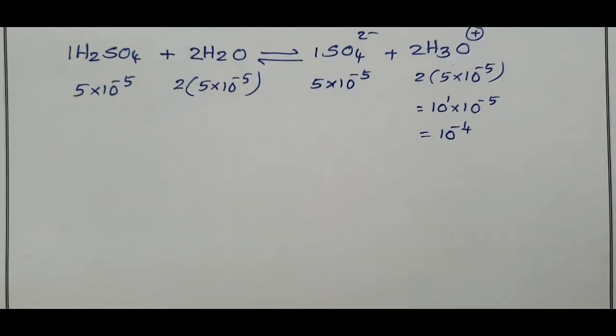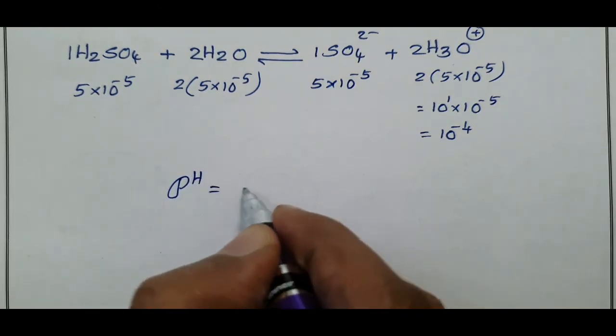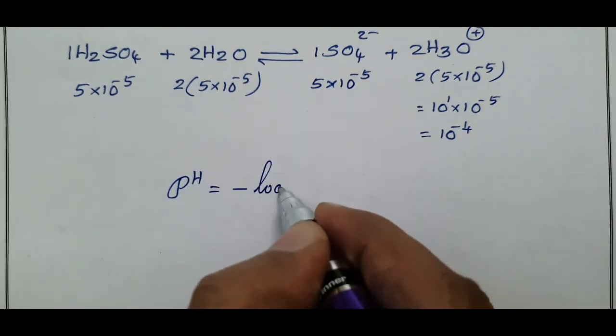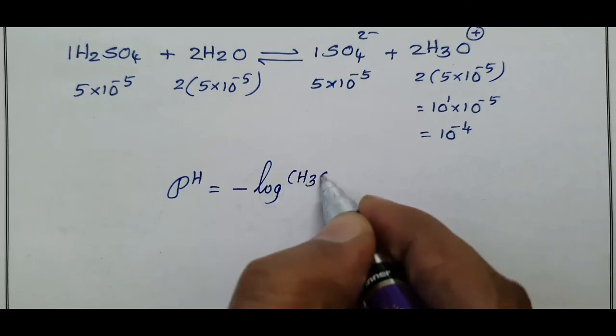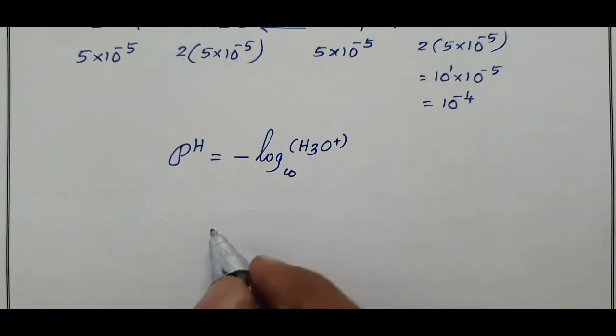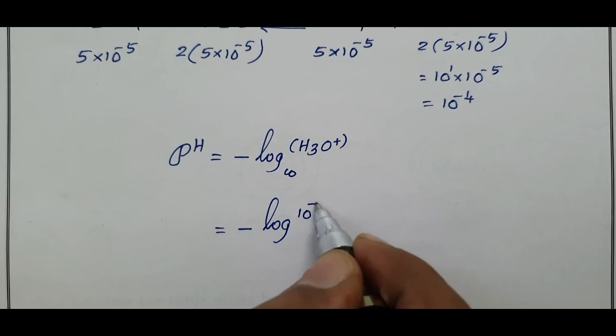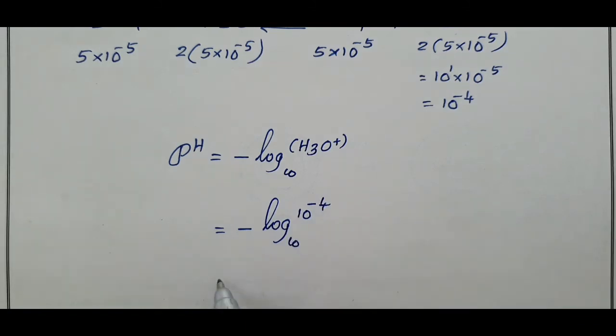Now, the formula used to calculate pH is: pH equals negative logarithm of the H plus ion concentration, or H3O plus ion concentration, to the base 10. That is equal to minus log of 10 power minus 4 to the base 10.